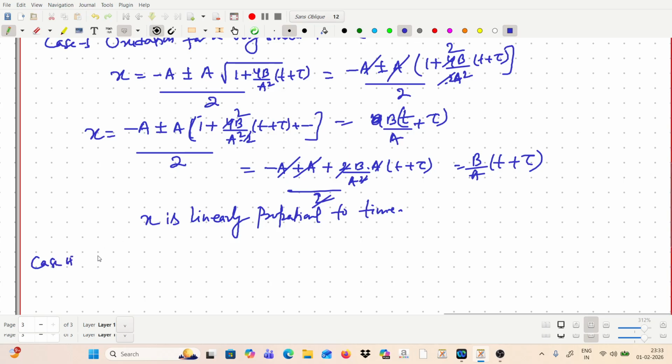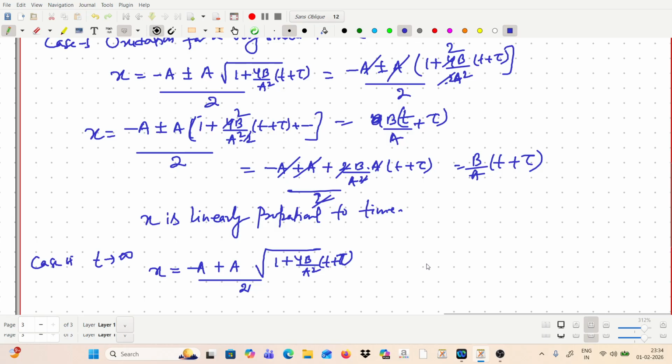Now the next one, case 2, when t tends to infinity and time is very high. Then in that case x equals to minus a plus a in bracket 1 plus 4b by a square t plus tau, by twice, which is much greater than 1.